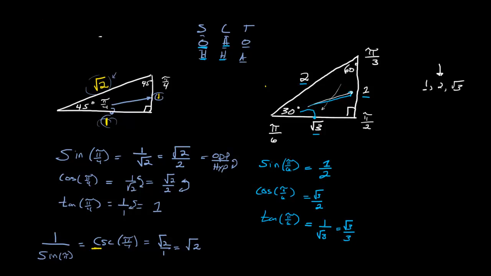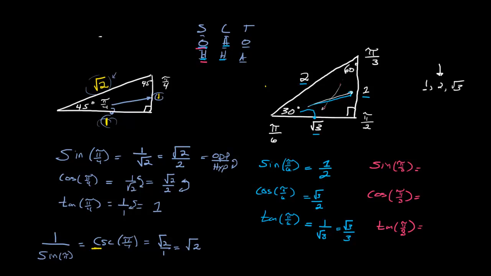So now let's go ahead and analyze pi over 3, which is also 60 degrees. So let's look at sine of pi over 3, cosine of pi over 3, and tangent of pi over 3. So sine of pi over 3 is going to be opposite over the hypotenuse.